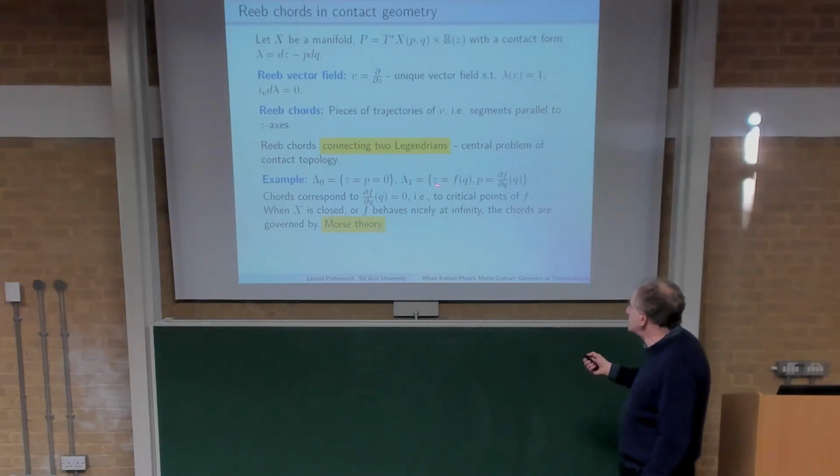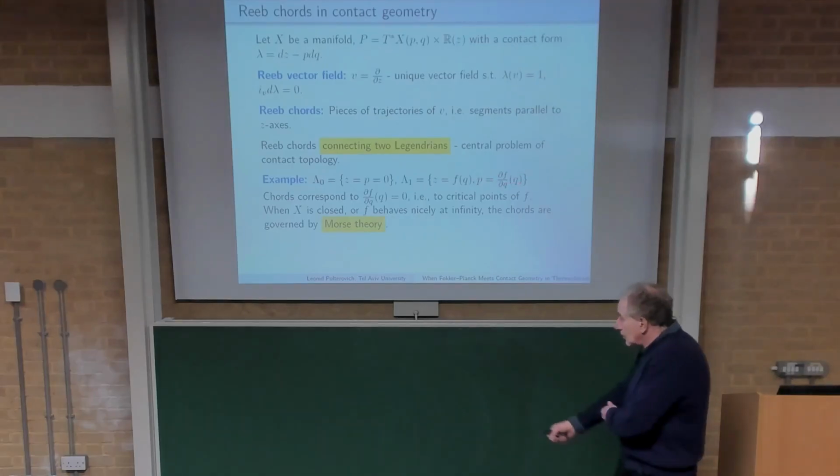If you have very simple Legendrians, let's say the first is just the zero section, z equals p equals 0, and lambda 1 is the graph of the first jet of a function, z equals f of q, p equals df/dq, then these chords correspond to critical points of f, so df/dq equals 0, p equals 0.